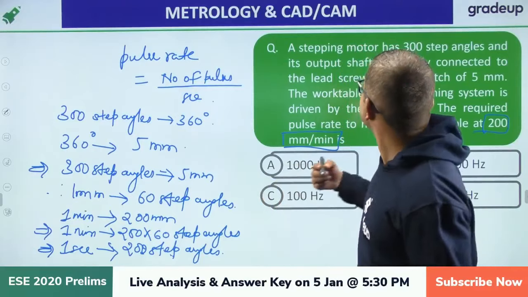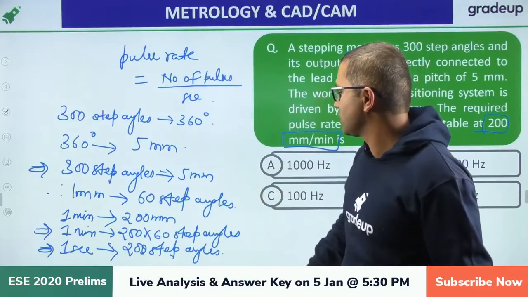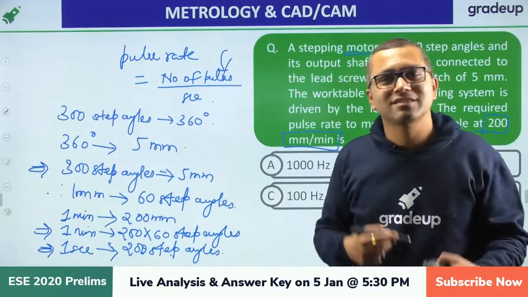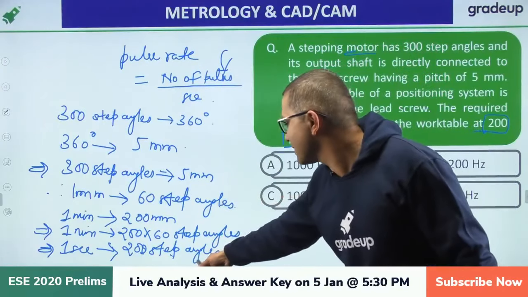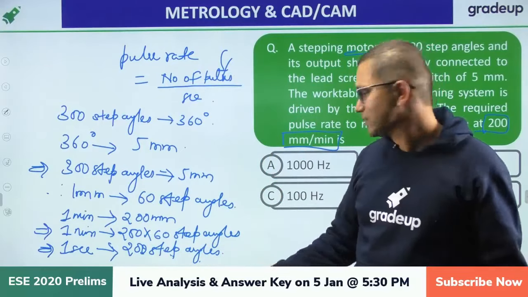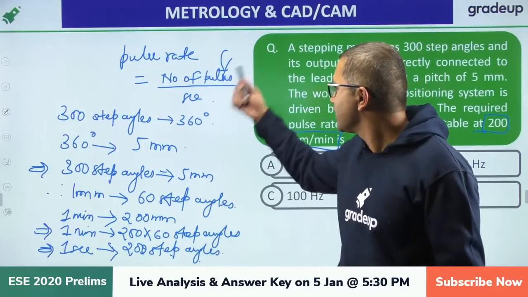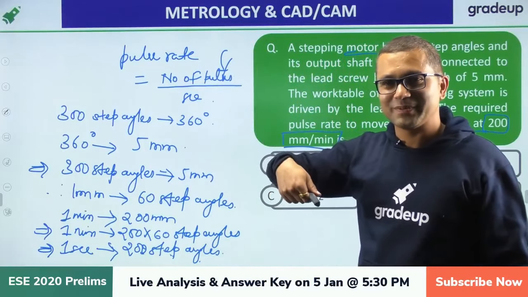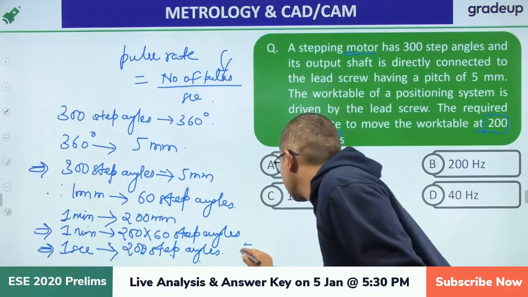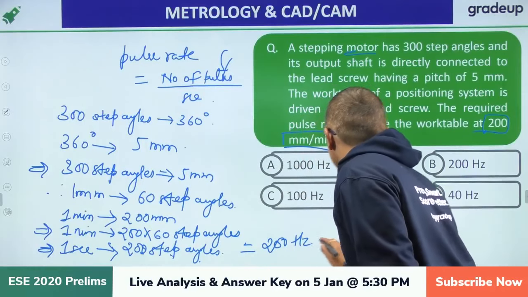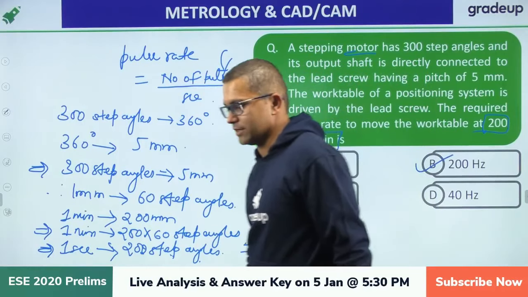This is what we have calculated over here. But there's no sign of any pulse, so we just need to make an assumption that 1 step angle equals 1 pulse. Otherwise, there's no way by which we are going to calculate step angles by pulses, or pulses by step angles. So this is 200 hertz. So B is the option over here.